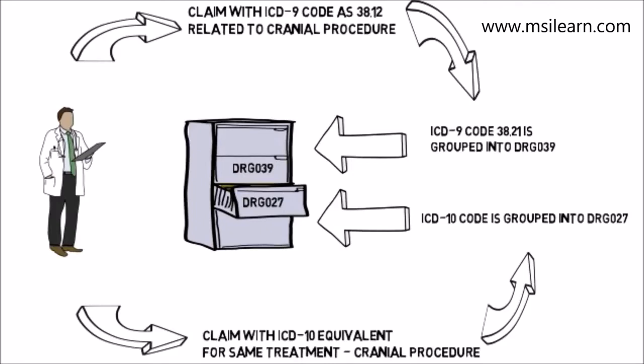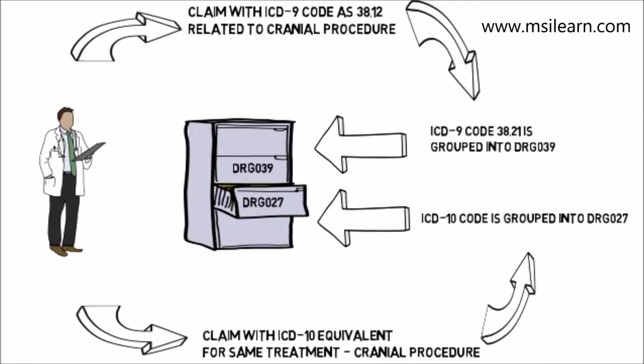And because of this different grouping, the insurance company ends up paying more to a provider because DRG 027 has a higher weight than DRG 039.